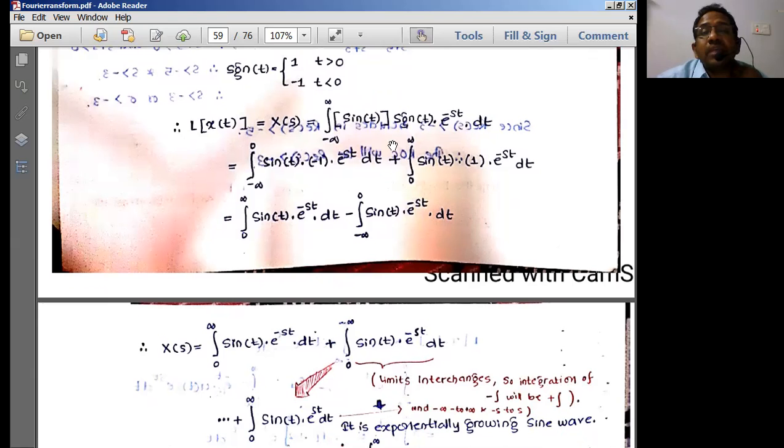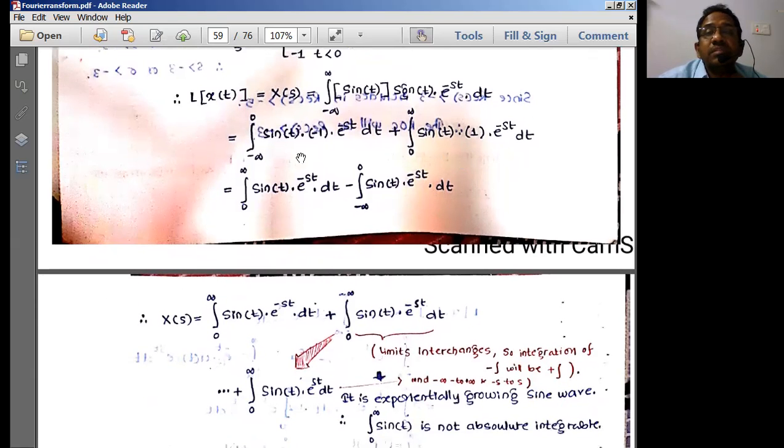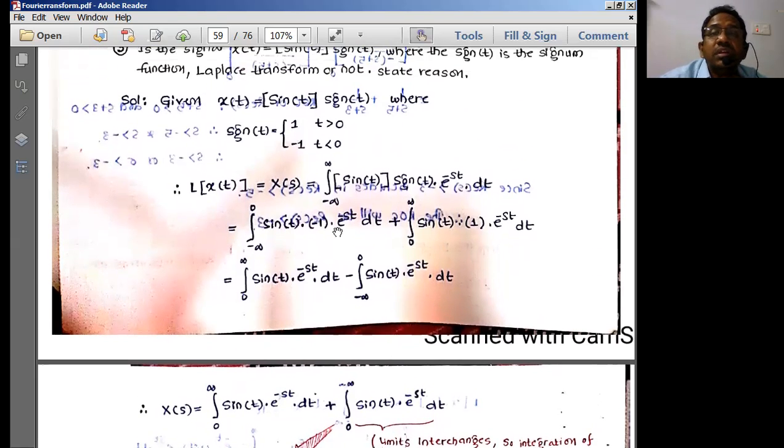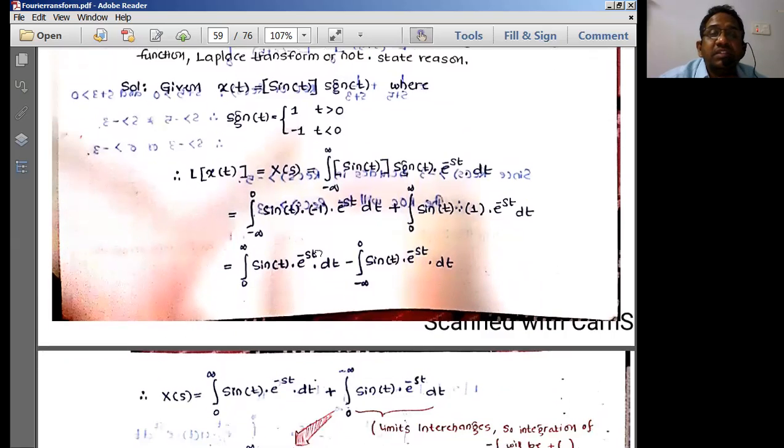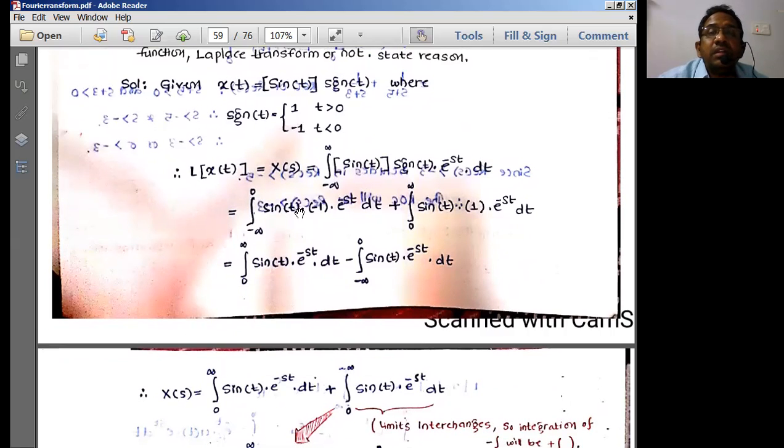Next, the Laplace transform of the signum function. I can expand this signum function: x of t is equal to the signum function, it is given. For minus 1, the limits are minus infinity to 0, where the maximum is 0.